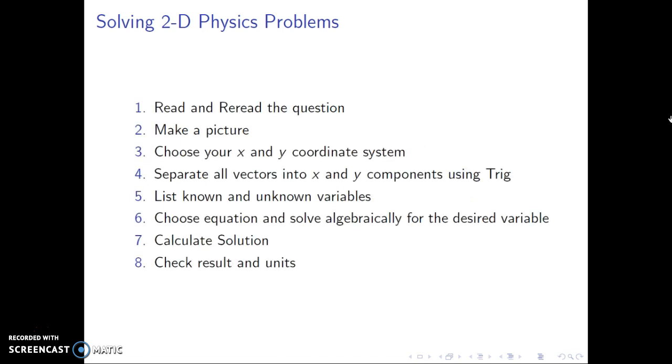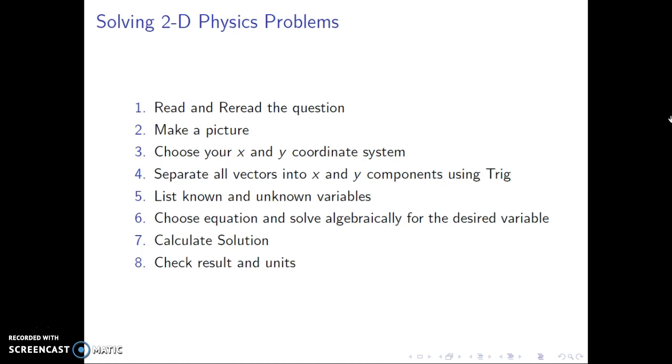Okay, so let's revisit the process of solving a physics problem in two-dimensional kinematics. These steps can be used in future problems and adapted, and we definitely will do that. We will adapt them as we address new types of problems. But for two-dimensional kinematics, here's how we're going to solve them.